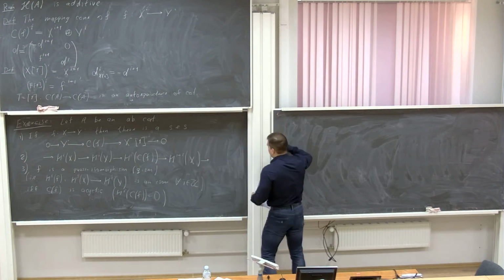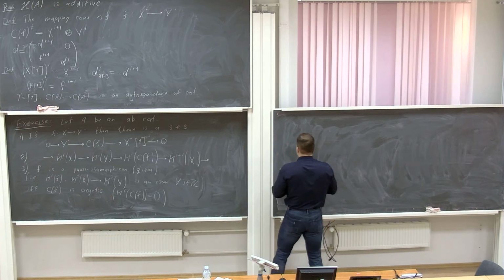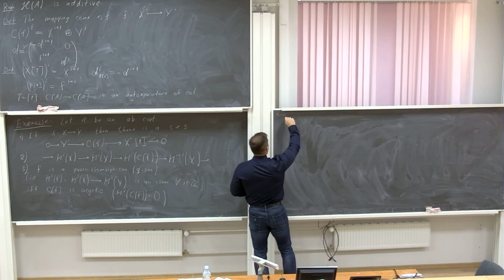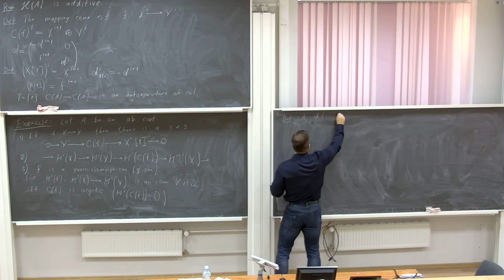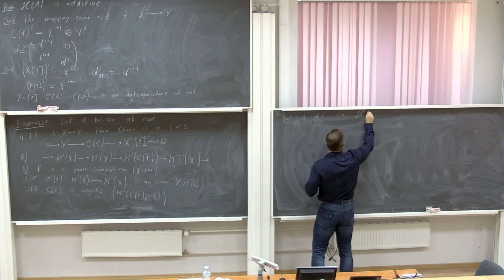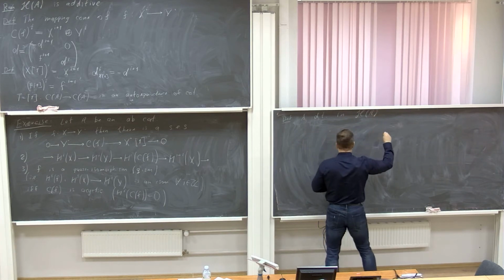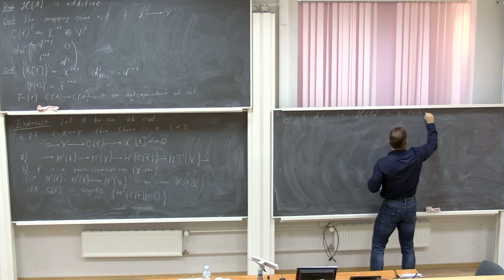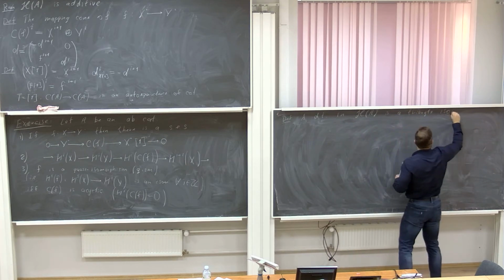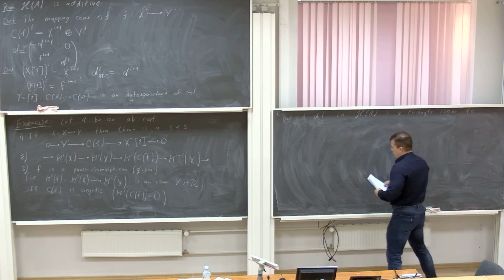Okay, now I can define the triangulated structure on H of A. Definition: a distinguished triangle in the homotopic category is a triangle isomorphic to the following triangle.